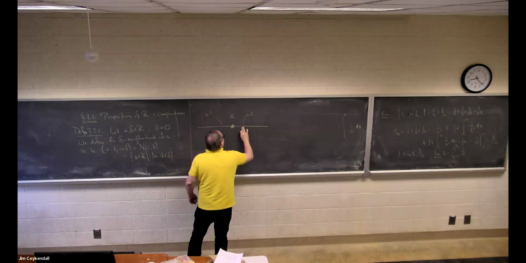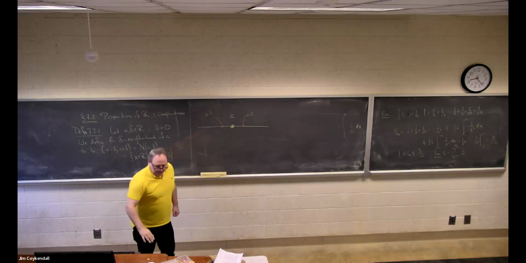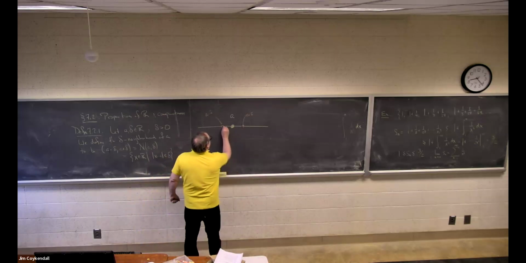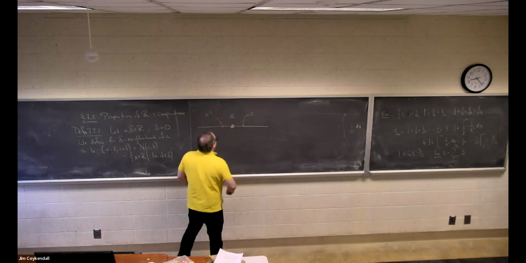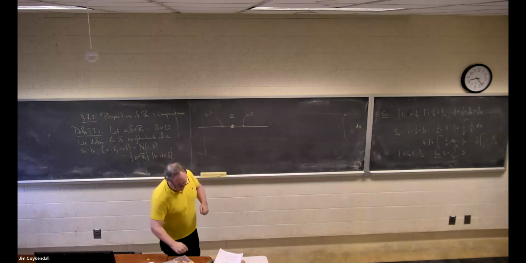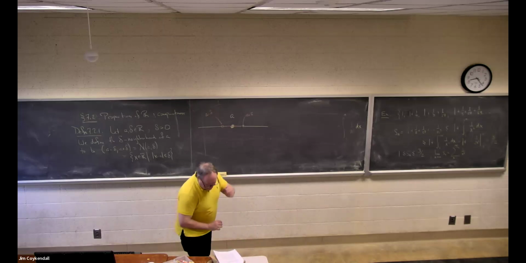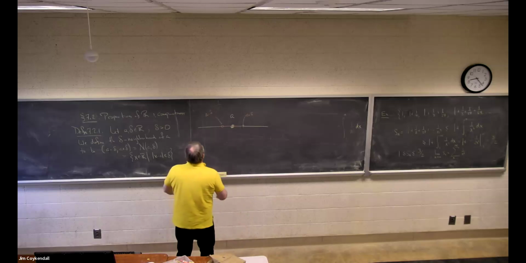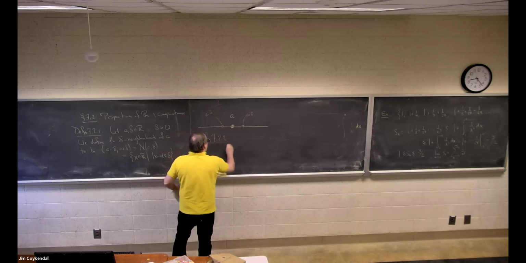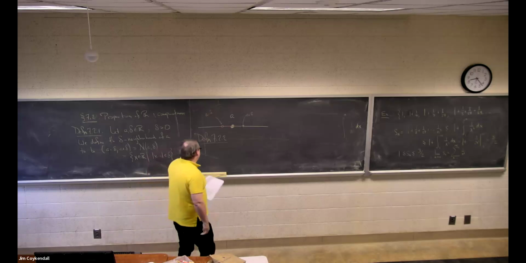And the delta neighborhood is just all the stuff that's in between, open, open. It's just the interval from a minus delta to a plus delta. So does everybody understand what this delta neighborhood of a is? It's just a little interval around it.